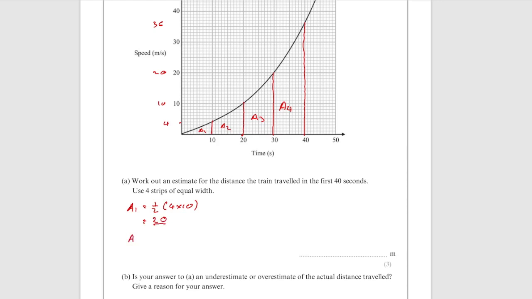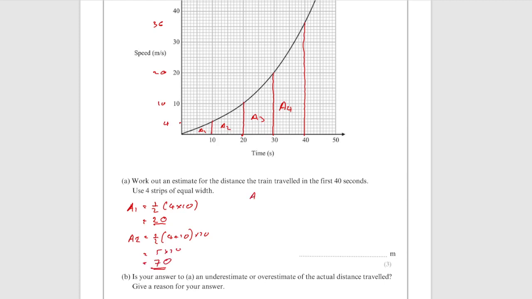The area of the second one is a trapezium, so it's going to be half of 4 plus 10 times by 10. So that's going to be 5 times by 14, so that's going to be 70.